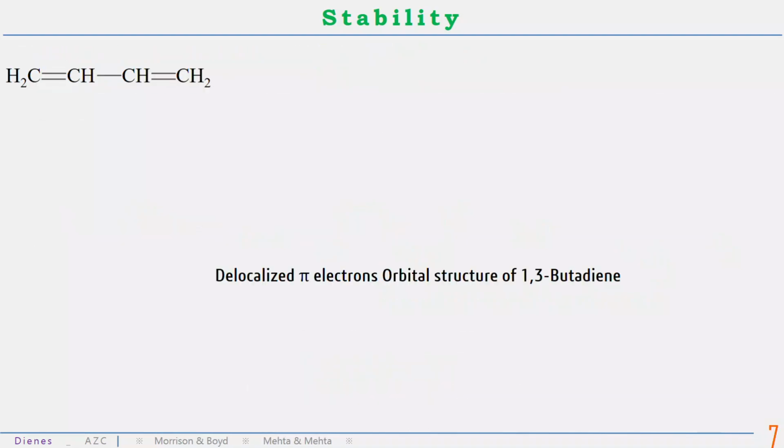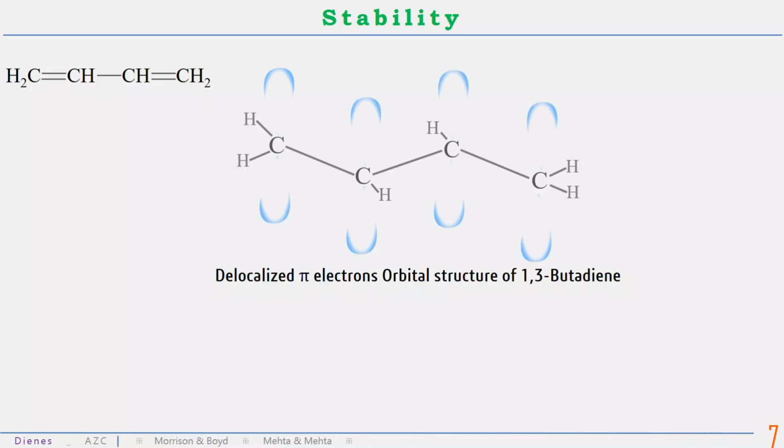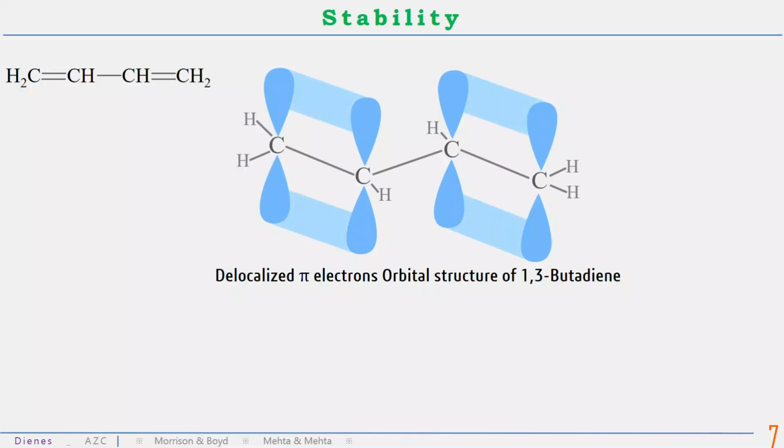Let's draw a delocalized pi electrons orbital structure of 1,3-butadiene. First, draw the skeleton of covalent bonding in 1,3-butadiene. Now add p orbitals perpendicular to the sp2 plane and make 2 pi bonds by p orbital overlapping.